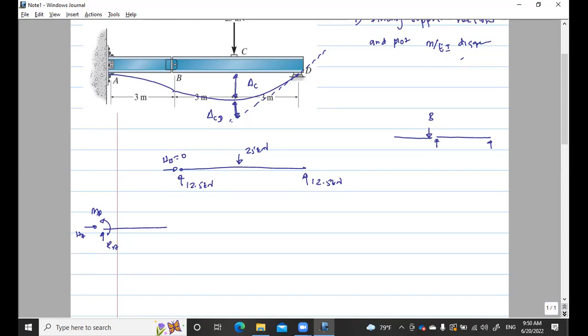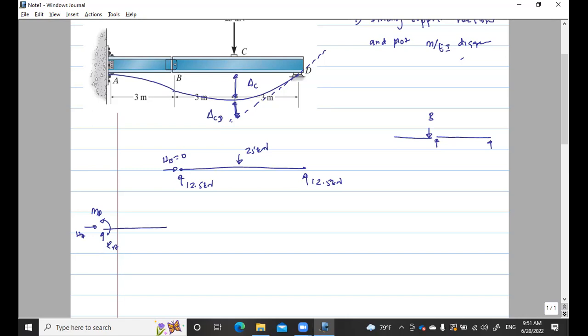Now the load from BD is going to be transferred at B to the cantilever AB. If this is a cantilever and there is a beam sitting on that, this load is going to be applied as a load on the cantilever.